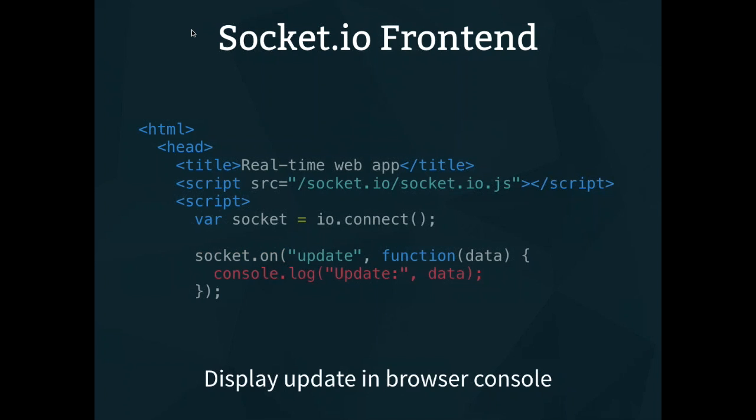Here, in this example, we're just displaying the update in the console. But say you have an Angular app or something like that, and you're binding into some data, you can update the data structure and see that change propagate through your data bindings.